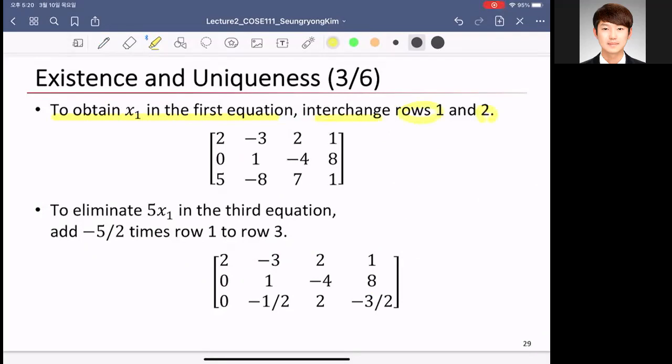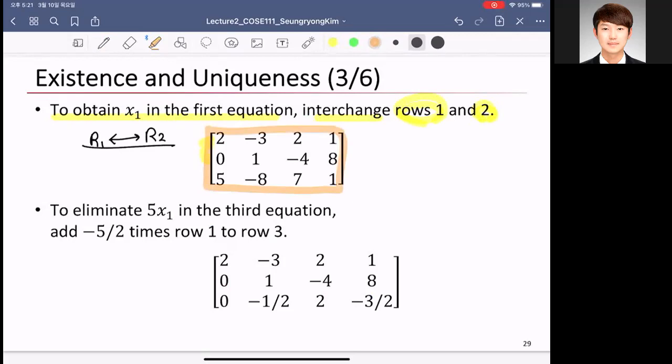You could also interchange row 1 and row 3, but in this case, let's interchange row 1 and row 2. Then we achieve a new augmented matrix, which is equivalent to the original matrix.